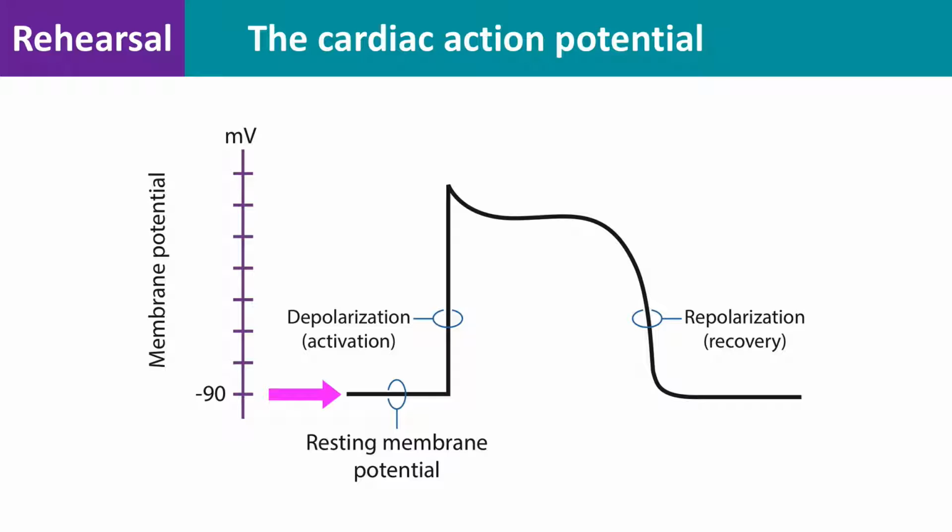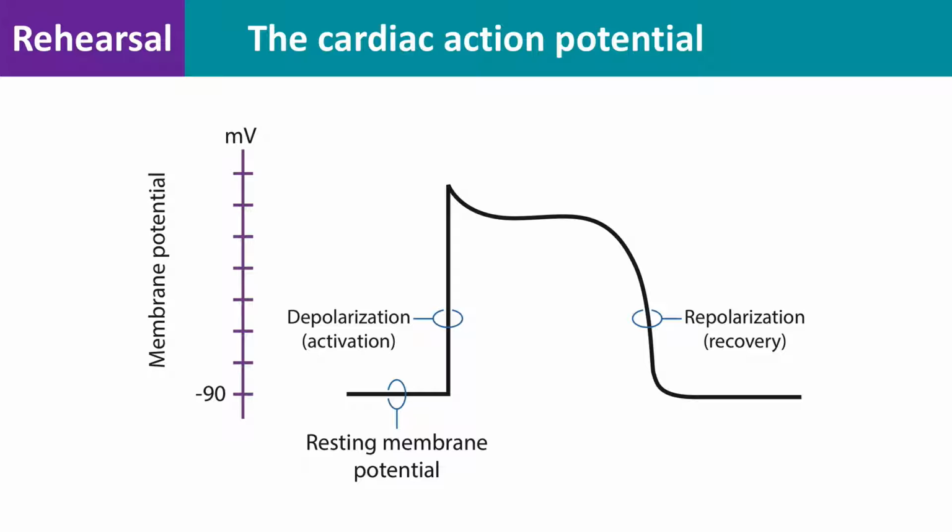And this is simply because the cell's interior is less positive than the cell's exterior. That is, there are more positive ions outside the cell as compared with the inside. But when the cell is stimulated, that is, when the cell becomes depolarized, positive ions flow into the cell so that the membrane potential becomes less negative.